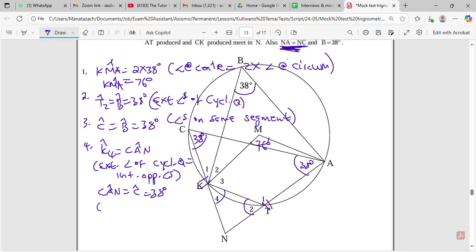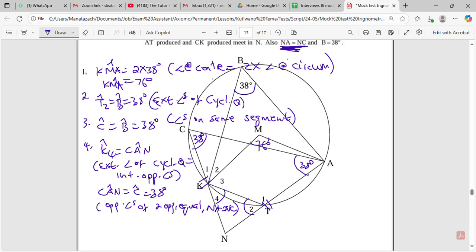Why? Because those are opposite angles of two opposite equal sides, right? Because NA is equal to NC, you can just write a comma and say NA is equal to NC.